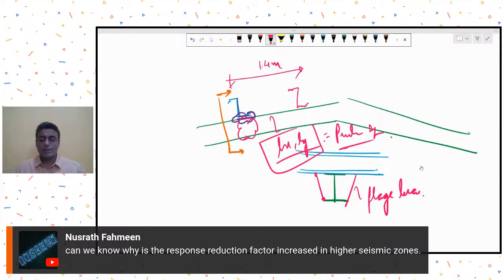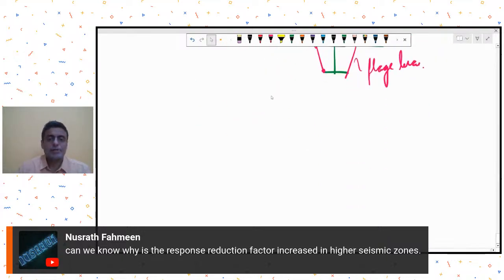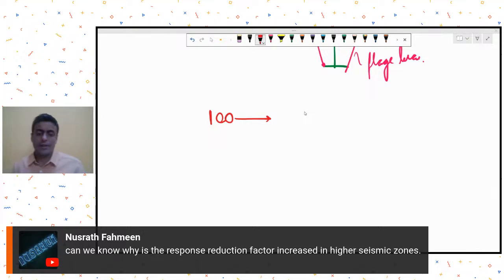But the simple concept is that the response reduction factor basically shows you what level of ductility you need to provide, and it also gives you an understanding of what level of forces you are going to resist. So the concept, if I were to explain, no, no, and you are wrong over here. Can we know why is the response reduction factor increased in high seismic zones?